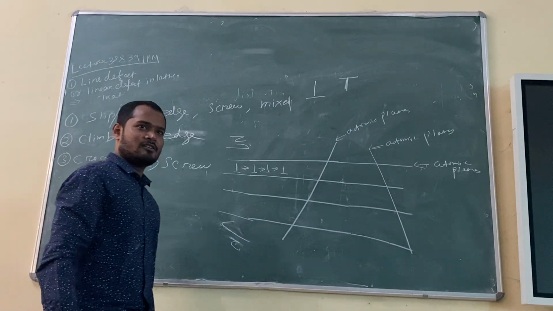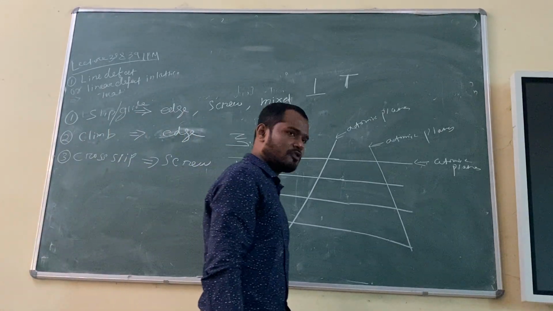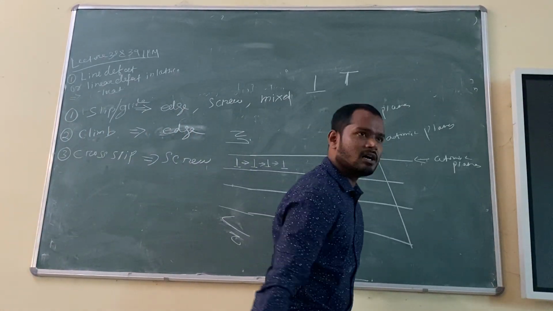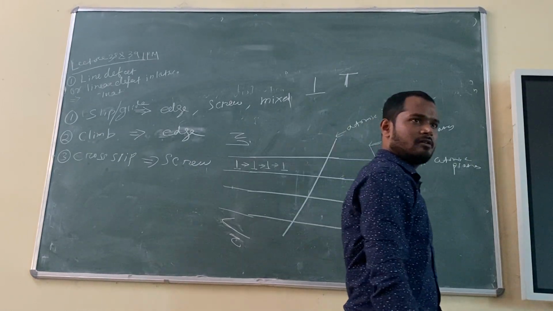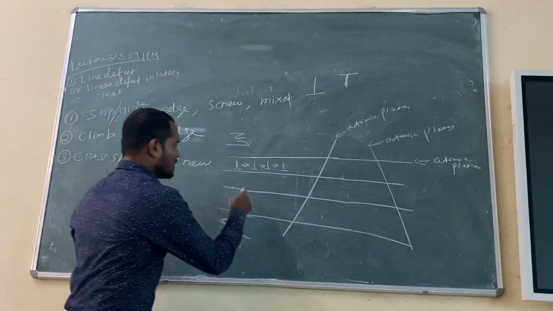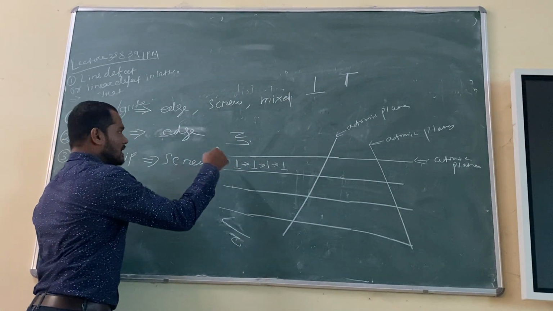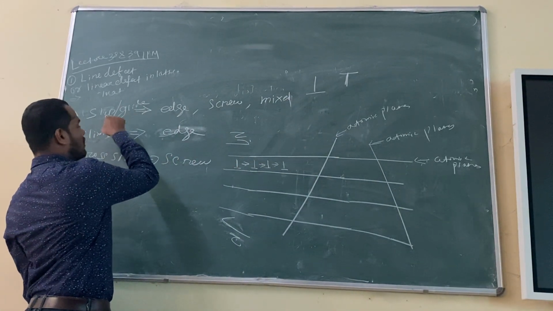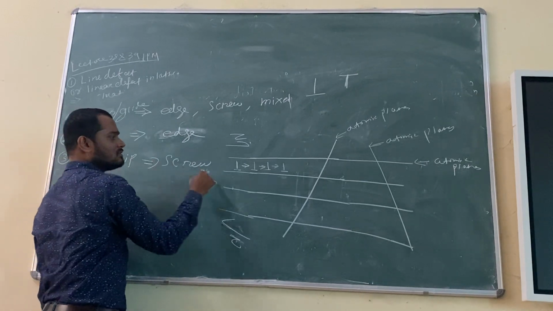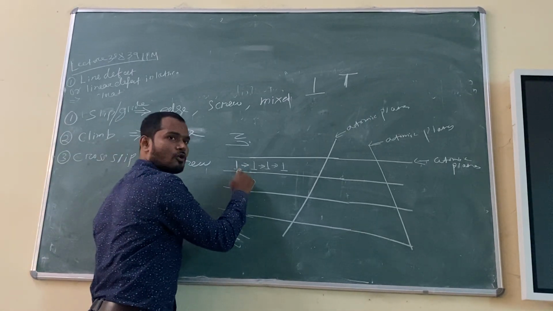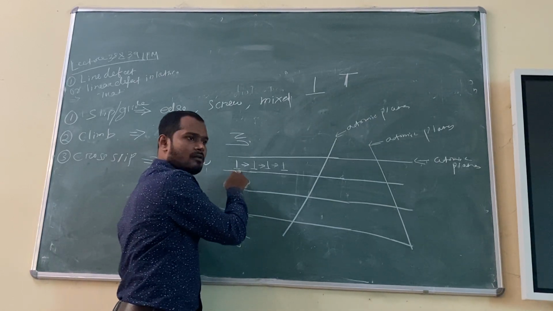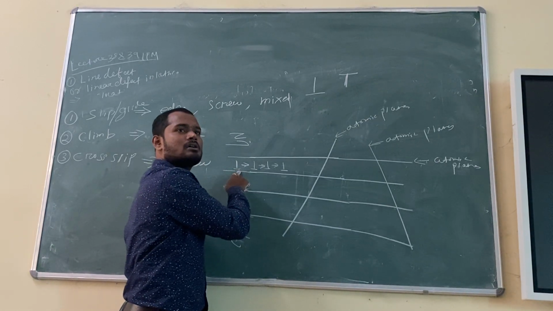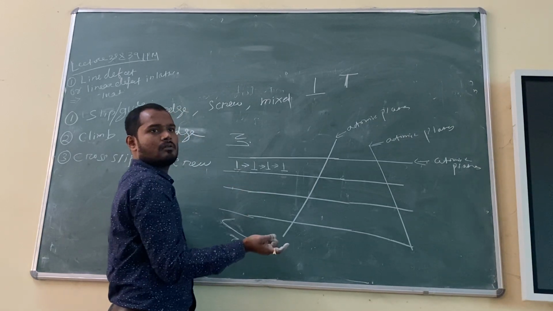So I will glide on this plane, right? I am gliding on this plane, right? This is the close-packed plane. I am gliding right now. Straight I am gliding, right? So what is glide or what is slip? It means if an edge dislocation or any dislocation is gliding or slipping on the same plane, that is called glide or slip simply.